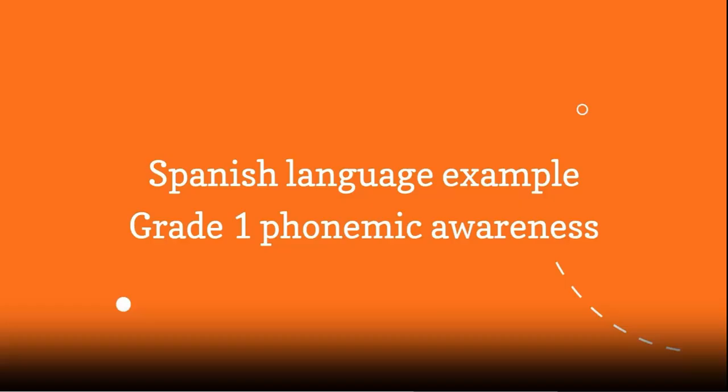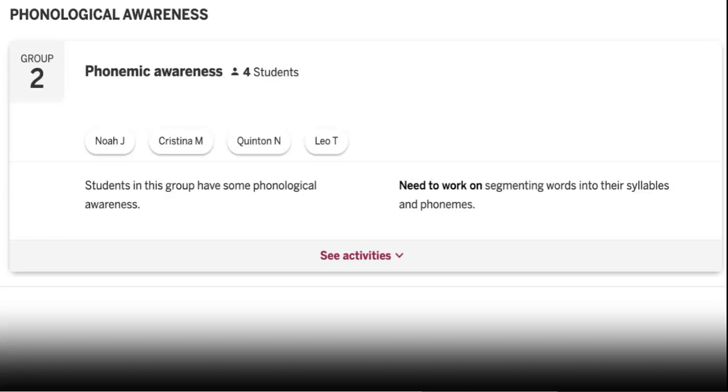Now let's look at several mClass Lectura examples to help illustrate what information to consider when choosing a progress monitoring measure. mClass has also grouped these first grade students together for instruction based on their most recent data. The name of the group is Phonological Awareness, and their instructional focus is phonemic awareness.